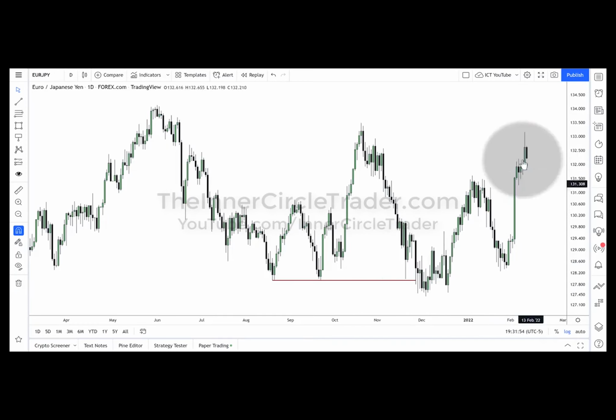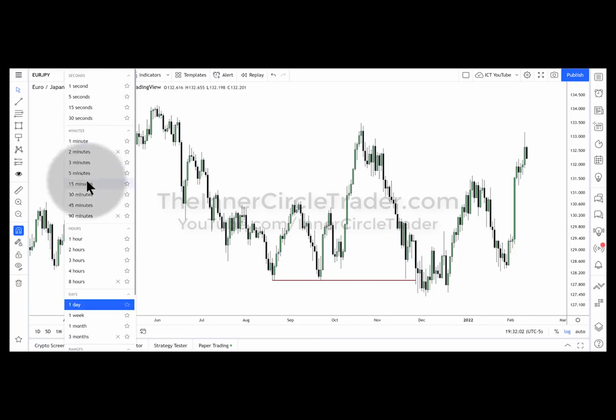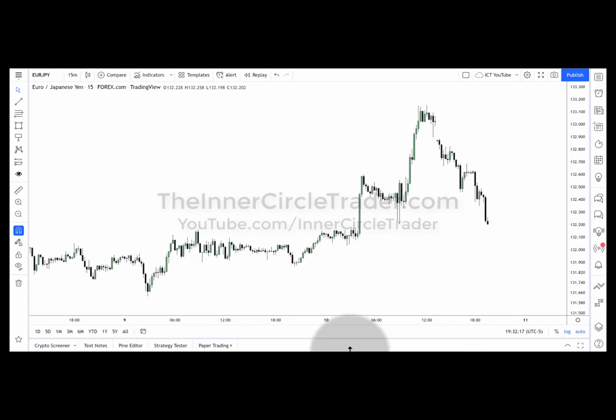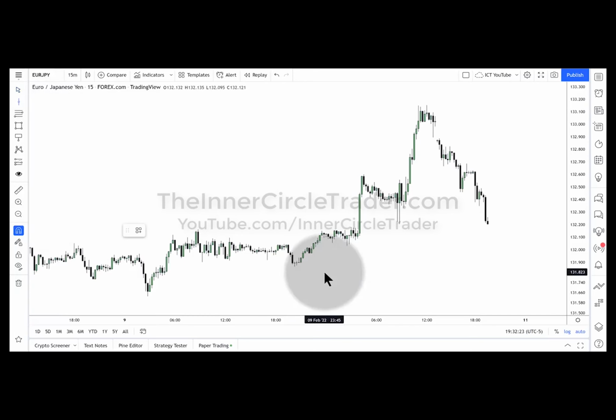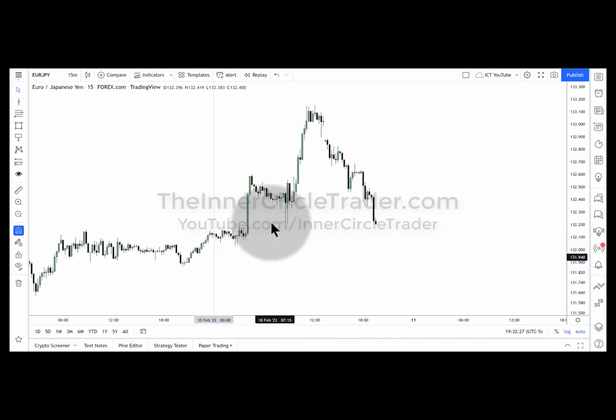But I want to go into this very day right there, okay, the 10th. So we're going to drop down into a 15-minute time frame. All right, here's the 15-minute time frame, and we're going to mark up our chart. Midnight New York time.